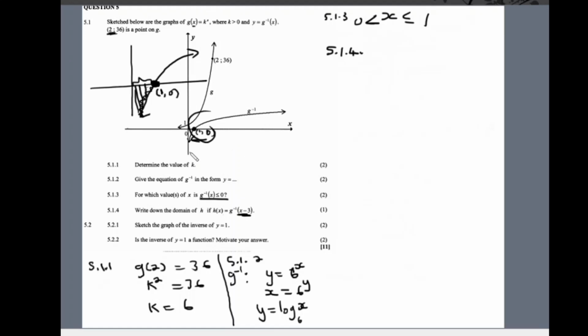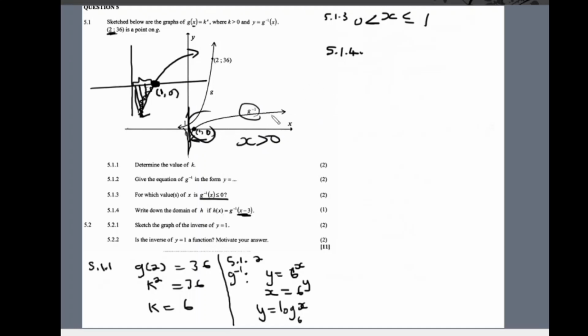So the asymptote will go from x equals 0 to x equals 3. The domain of the inverse function, this one, is x greater than 0 because the function has an asymptote at x equals 0.